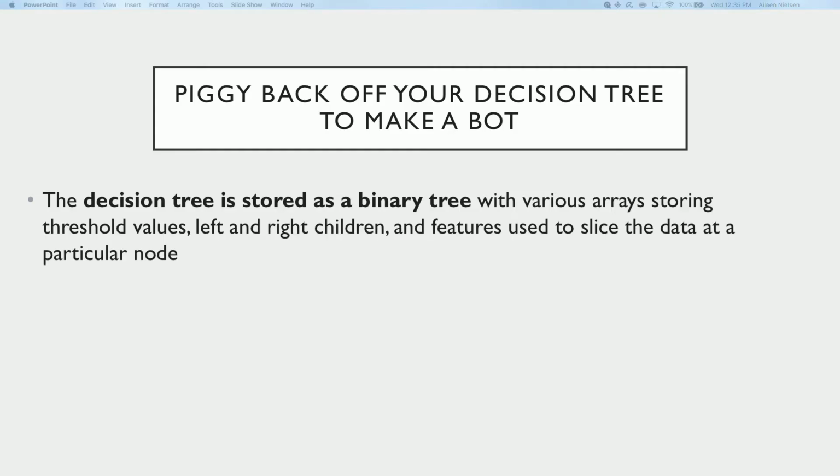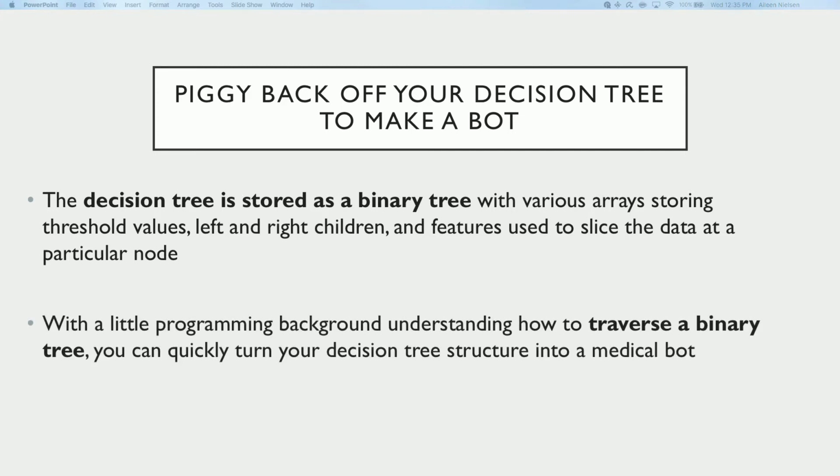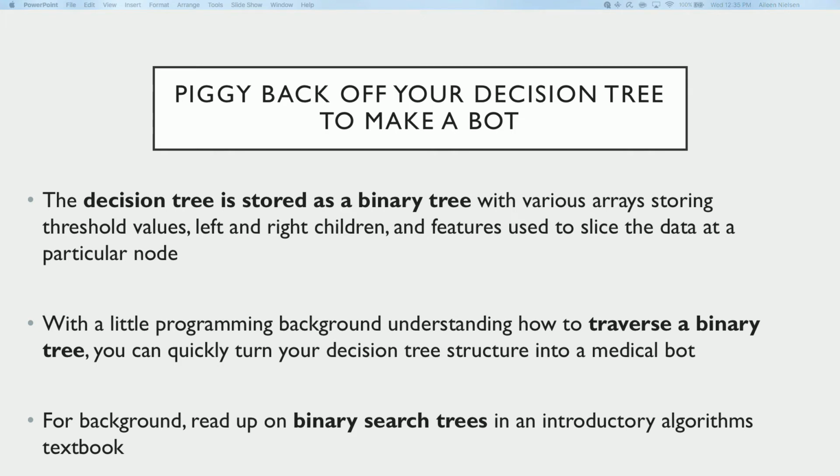The decision tree is stored as a binary tree with various arrays storing threshold values, left and right children, and features used to slice the data at a particular node. With a little programming background, understanding how to traverse a binary tree, you can quickly turn your decision tree structure into a medical bot. For background on this, you should probably read up on binary search trees in an introductory algorithms textbook.